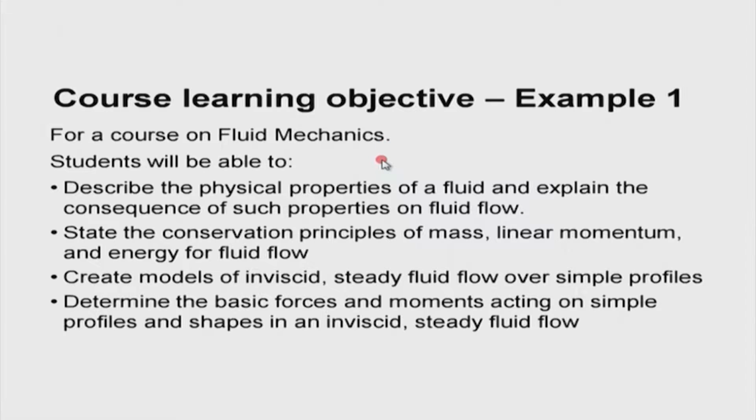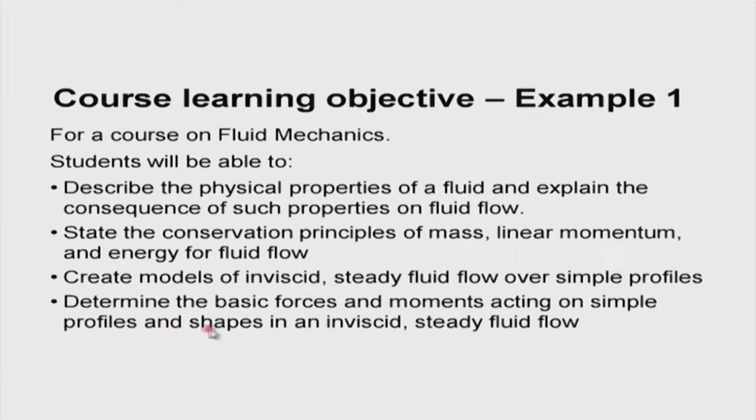So for this course on fluid mechanics, what the teacher wants the students to be able to do at the end of the course finally is describe physical properties of the fluid and explain the consequences of these properties, state some conservation principles, create models of different types of fluid flow, and determine basic forces and moments acting on different profiles and shapes in a fluid flow.